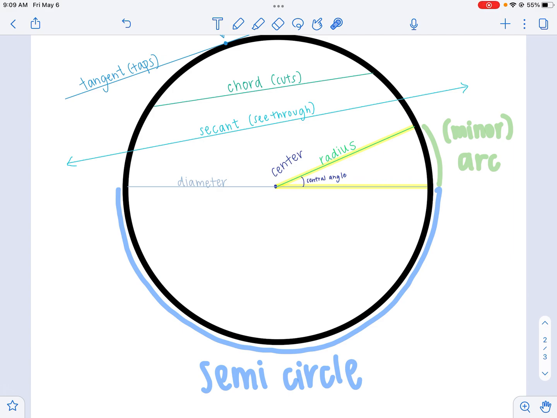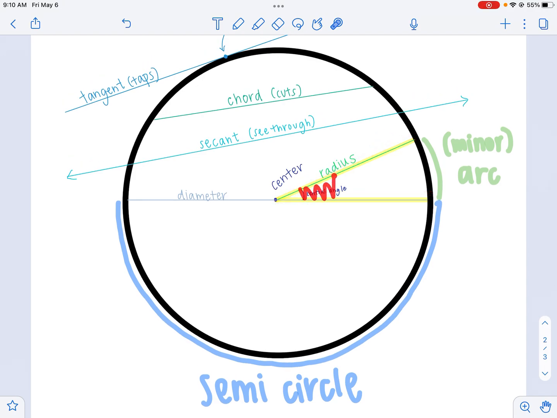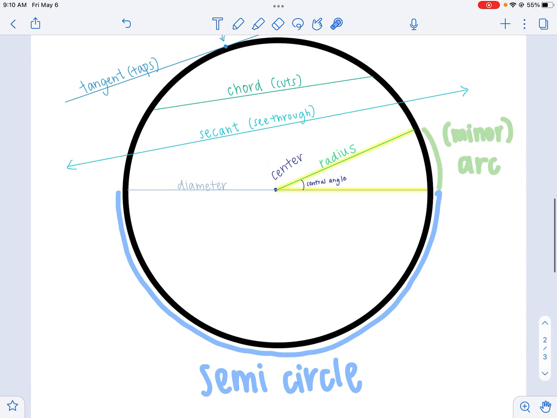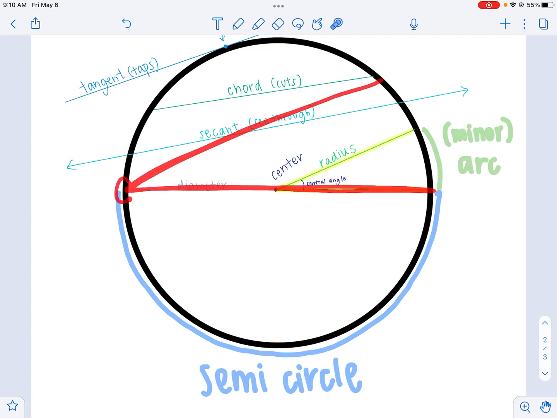Now, there's one more thing that we're going to talk about that wasn't on the list, and that's inscribed angles and central angles. So this is a central angle, the angle from the center. If I fill that area in, that's called a sector, and that's called an arc. But we also have these other angles that are called inscribed angles. And they don't really have anything to do with the sector or the central angle. An inscribed angle is an angle where the vertex is on the edge. So this right here, and then if I went up like that, that's an inscribed angle because my vertex is on the edge of the circle.